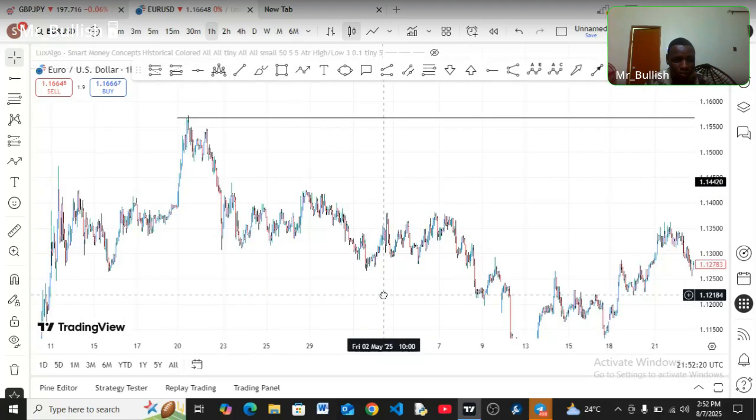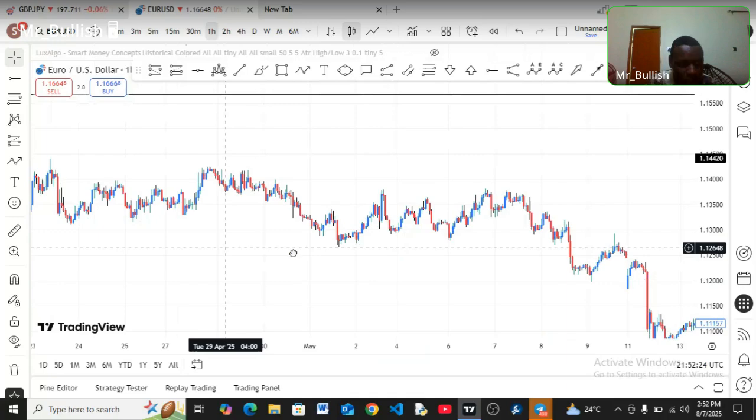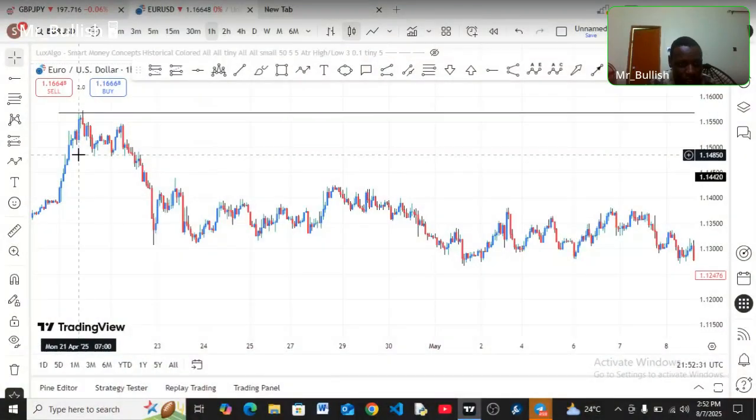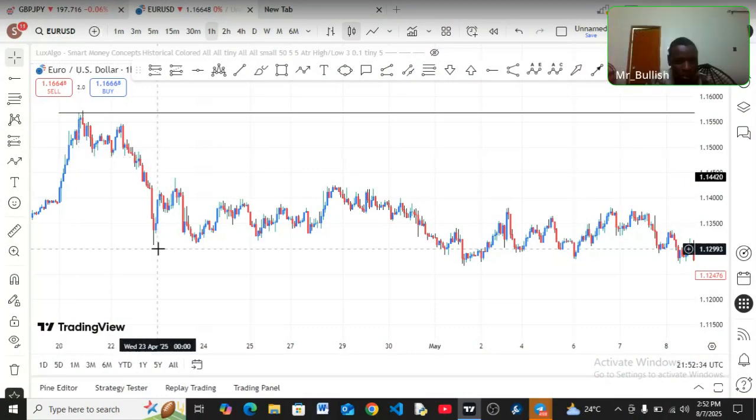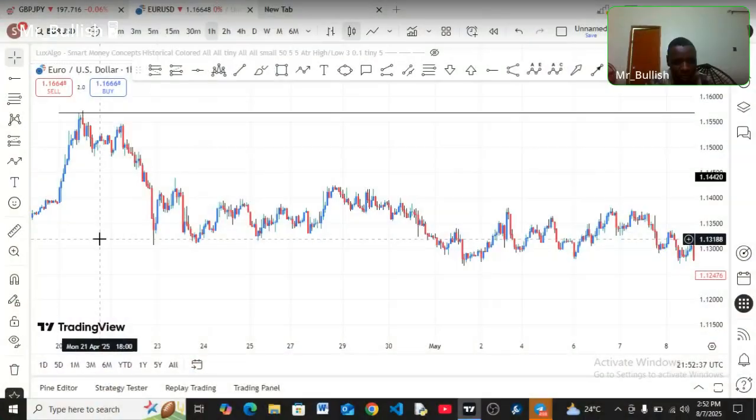So let me zoom. You see along from here what happened? The price came here, failed to break above this point. Then we had a change of character here. Then to this point came. From here we had a change of character, from here to here.